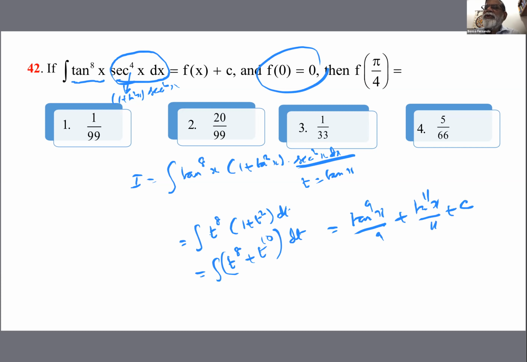F of 0 is 0, so c is also 0. What is f of pi by 4? Tan pi by 4 is 1. 1 by 9 plus 1 by 11. So it is equal to 11 plus 9 divided by 99. So it is 20 by 99.